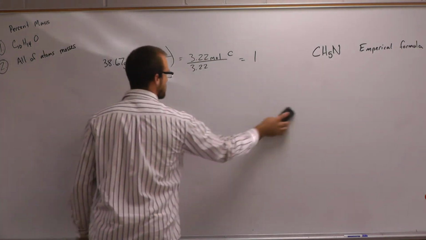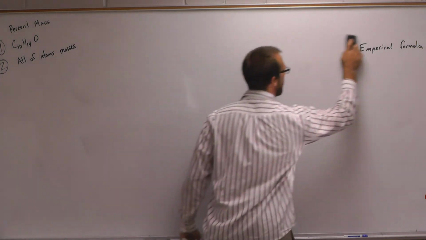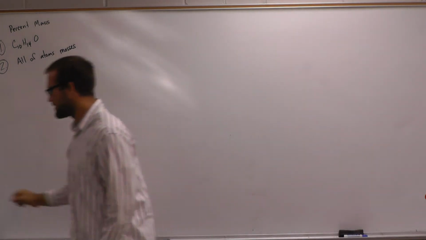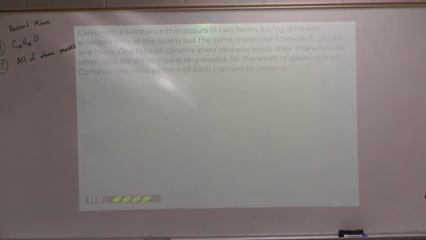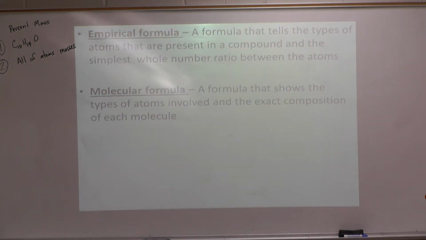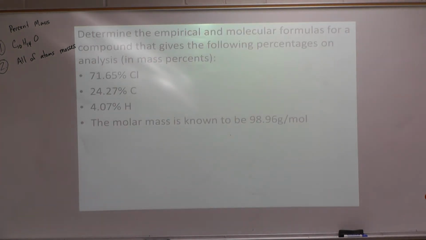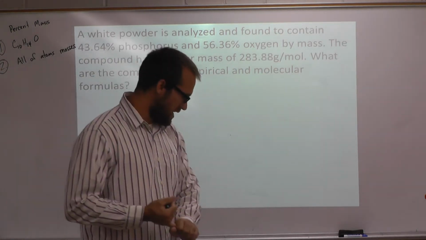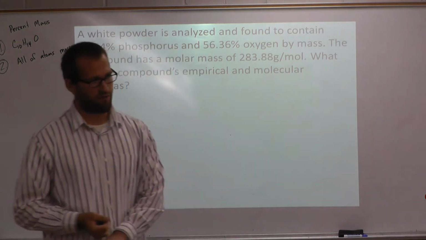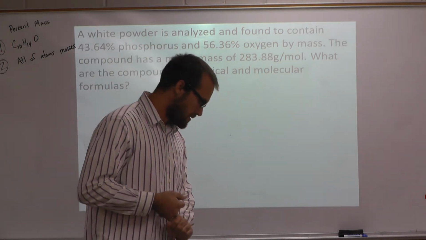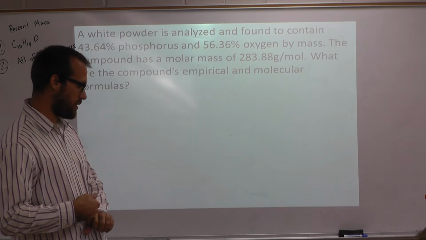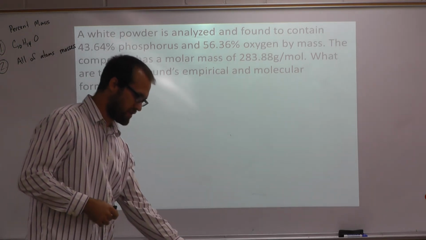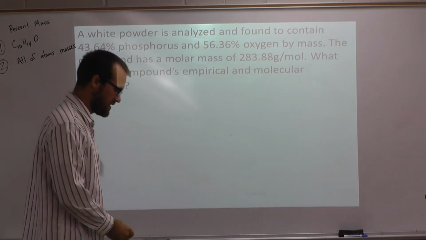This one is going to encompass all of the parts that you are going to potentially see, and the other ones are just more examples of the same thing. So this one, start with the percent. The one before that was a percent where you had to find the empirical formula. This one's a percent where you have to find the empirical and then the molecular formula. So this covers all of it.